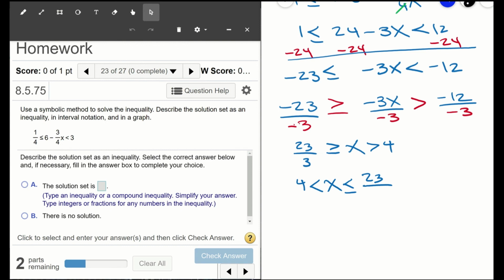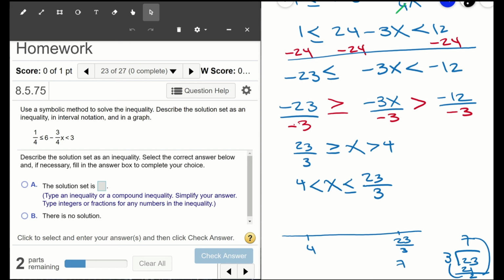So now we know that on the number line, we're going to have 4 and 23 over 3. Note that if we do the long division, we get 23 divided by 3. That gives us 7, 21 with a remainder of 2. So 7 and 2/3.